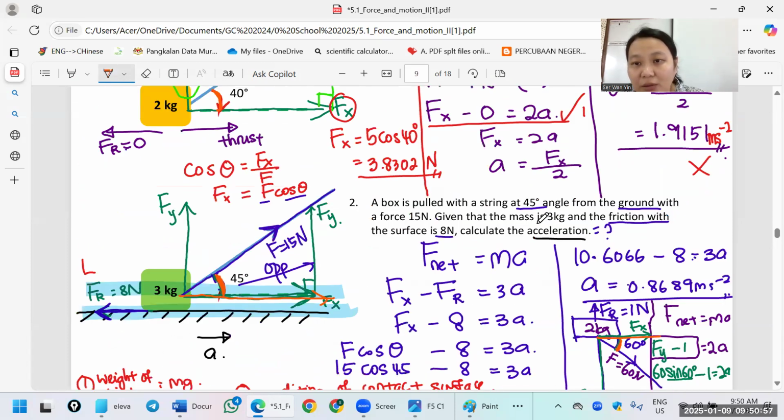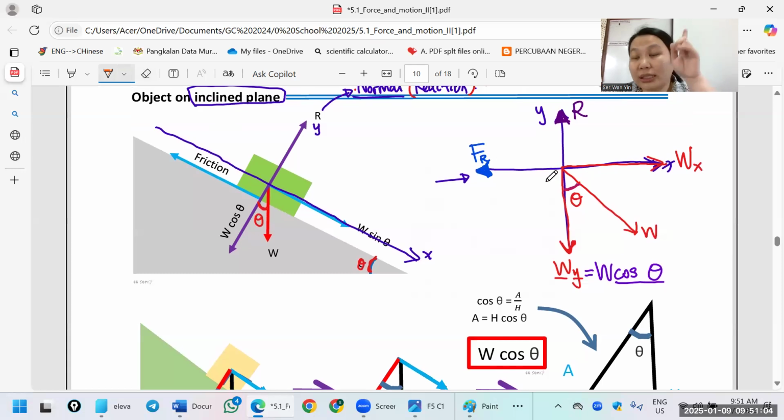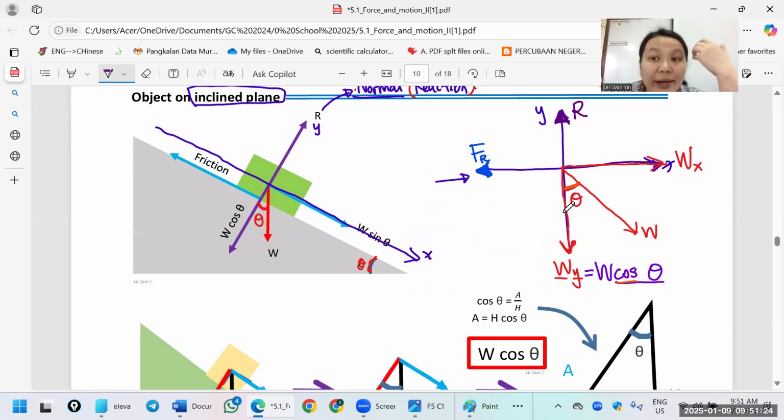But now in this case, the angle is not from horizontal, but they put the angle stuck to the vertical line. So actually we don't care where the angle is. We just see if the angle touches the line we want to calculate, we use cos. So no matter where the angle is from, as long as it touches the line you want to calculate, use cos.